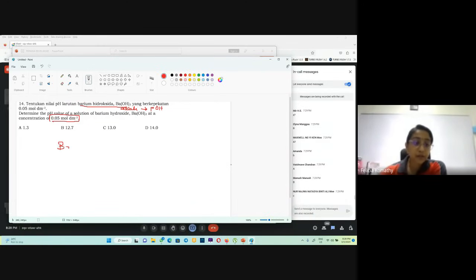Barium hydroxide, when it ionizes, will form barium ion and hydroxide ions. So 1 mole of barium hydroxide produces 2 moles of hydroxide ions. If the concentration of the solution given is 0.05, then the concentration of the hydroxide ion formed will be how much?